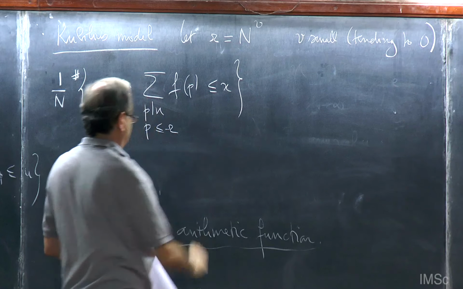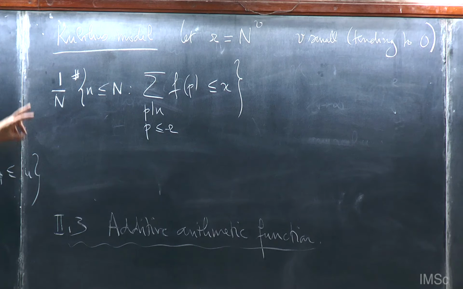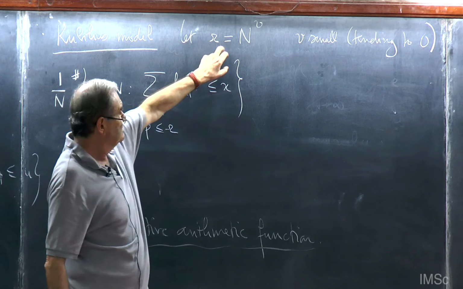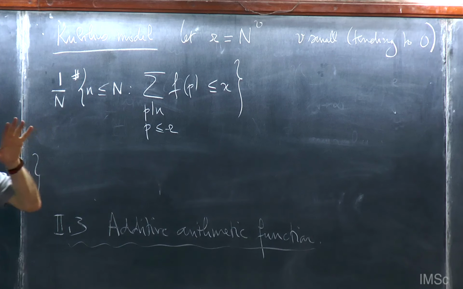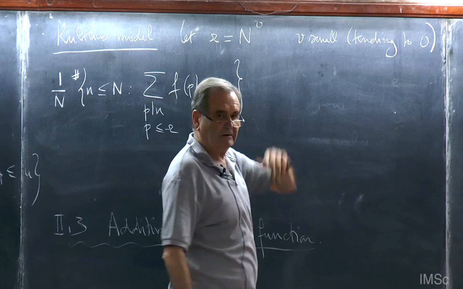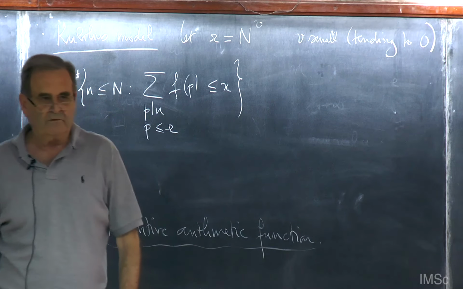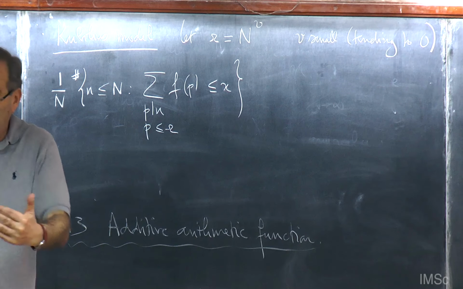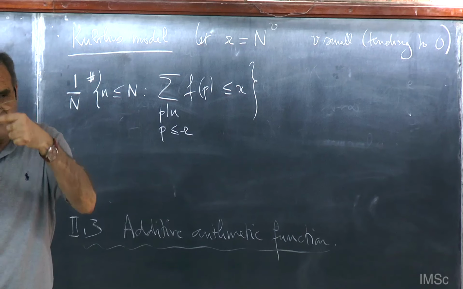So you are truncating your function at r, which is a little power of n. Large prime factors, leave them out, but usually you don't have many large prime factors. Think, for example, of the omega function. Omega of n: consider that v is 1000, so you are just looking at the prime factors up to n to the 1 over 1000.